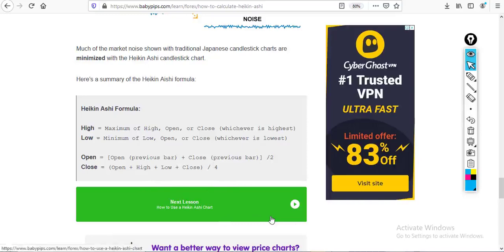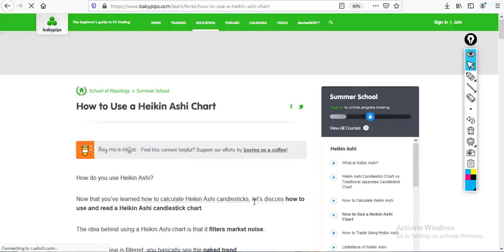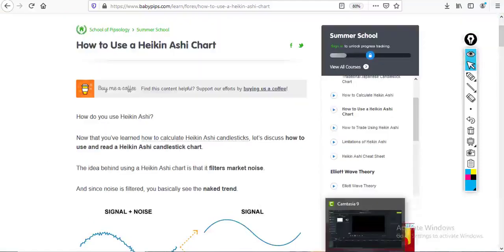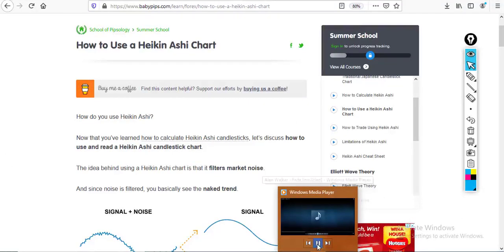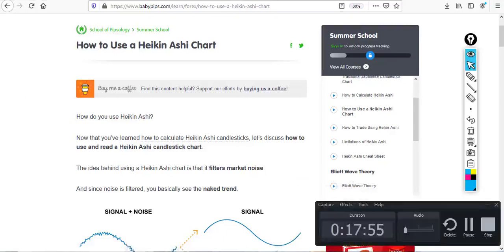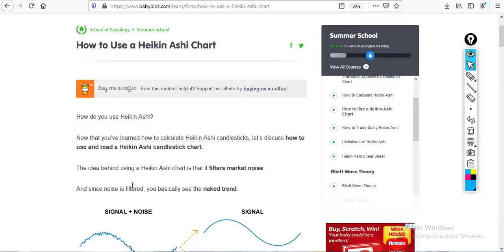So now that we know how to calculate the Heikin Ashi candlestick chart, how do we use it?